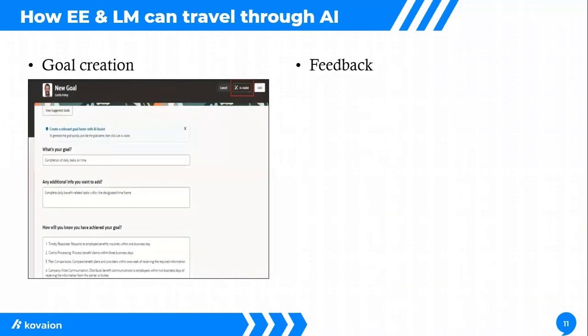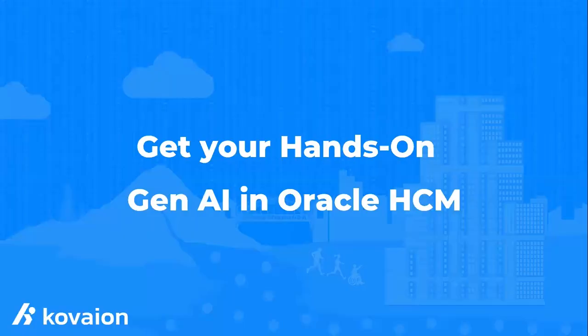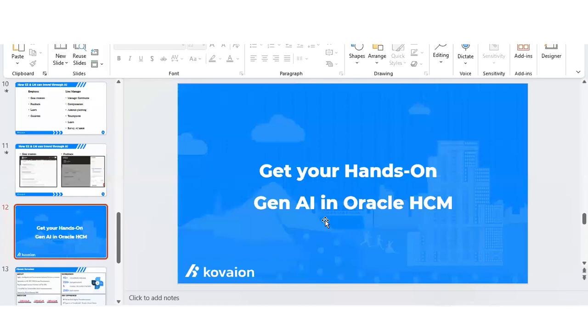So similarly in feedback, where we can see use AI assist, we can actually select the person's name, and then we can also control who can see it, and then use the AI feature to get more information rather than typing it out. So let's quickly move on to our hands-on experience.